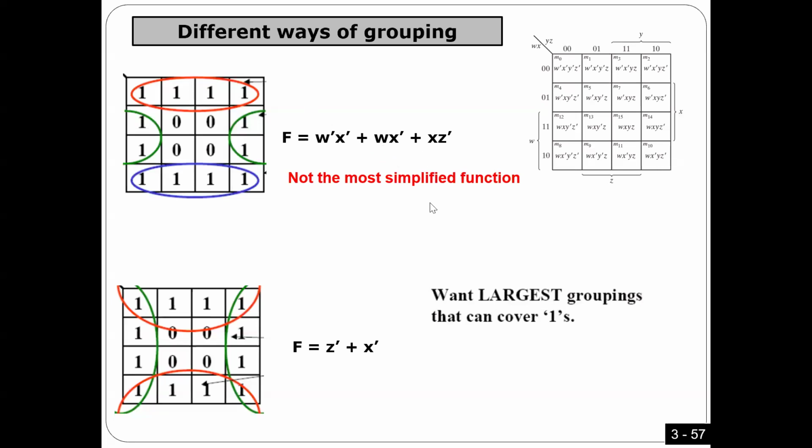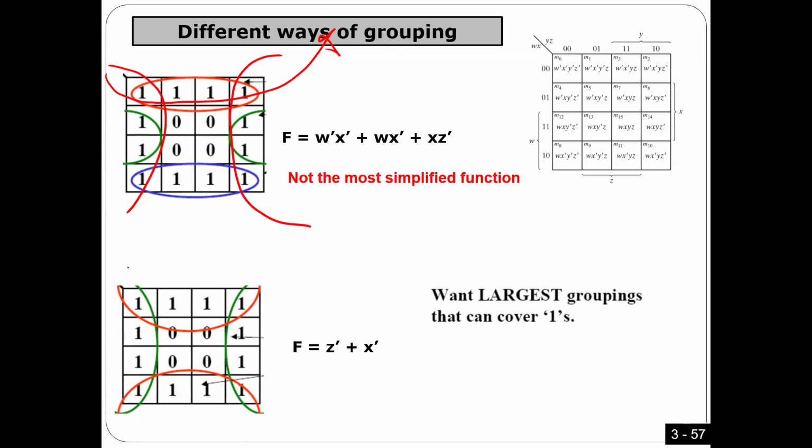How can you simplify this one more? If you look carefully here, I can take these 4 together with this 4 to make only one group of 8. Is that right? Same thing here. I can take this 4 here with this 4 here, as you see in this figure. So I can take 4 and 4 to make one group.